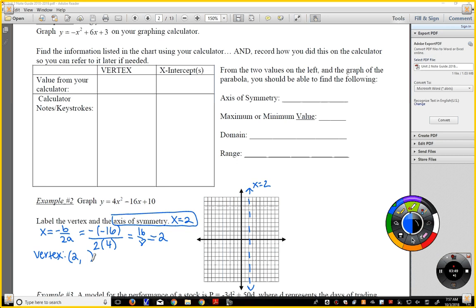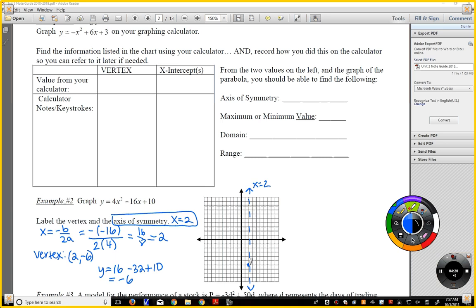So 2 squared is 4, times 4 is 16. Okay. So we would have y equals 16. And then 16 times 2 is 32. That's negative 16 plus 10. So that's going to give us negative 6. Okay, so the point is (2, negative 6).